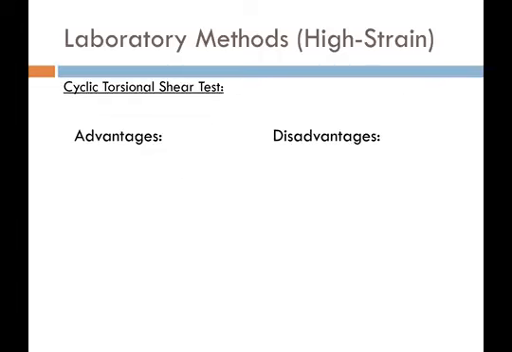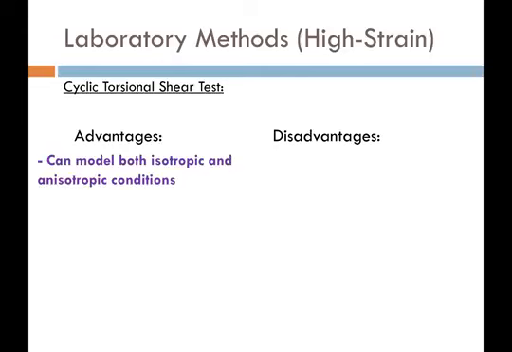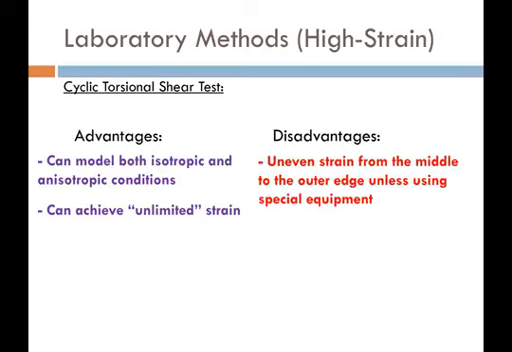So advantages, we can get isotropic and anisotropic conditions in this test, and because we can just spin that lid as much as we want, we can essentially achieve unlimited strain until the soil just shears. But we do know from this test that we get uneven strain from the middle of the soil sample out to the outer edge of the sample, unless we use really specialized, expensive equipment.